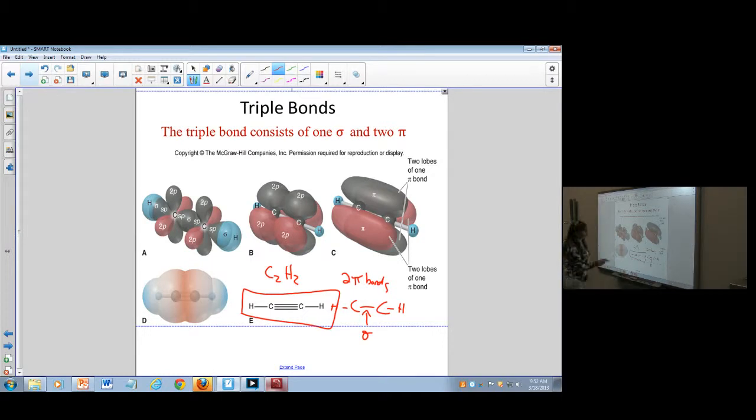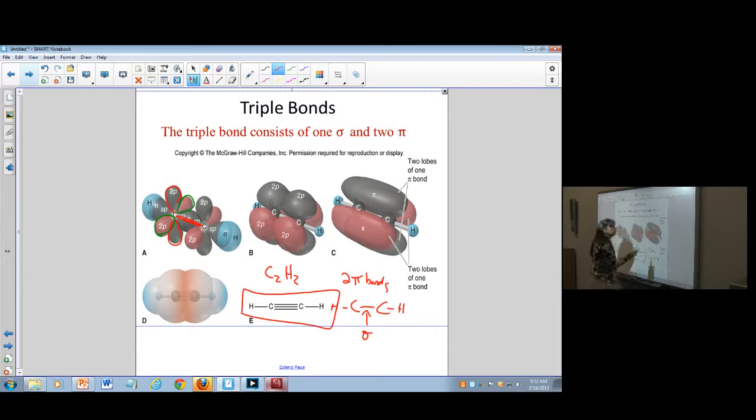So what happens here? Here they've tried to do this in different colors. So let me focus on red here. Here's one 2p orbital. And then in the black, here's the other 2p orbital on one carbon. All right, and as the 2 carbons bond together to form that sigma bond, then these become closer and closer together.